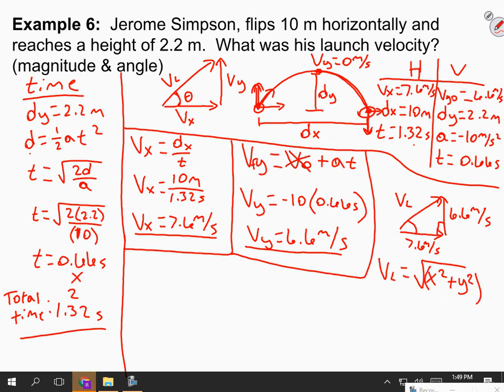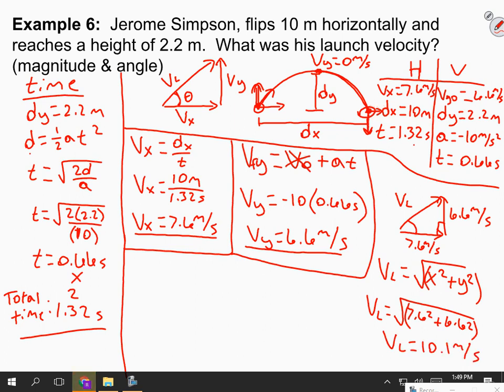So this will be VL equals the square root of 7.6 squared plus 6.6 squared. Solve that out. Our launch velocity ends up being 10.1. So VL is equal to 10.1 meters per second.